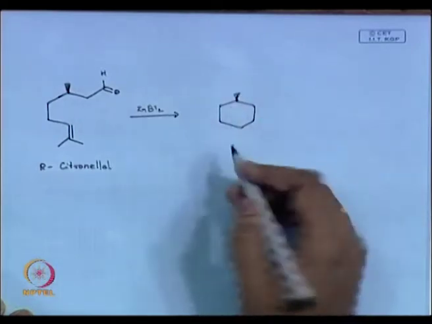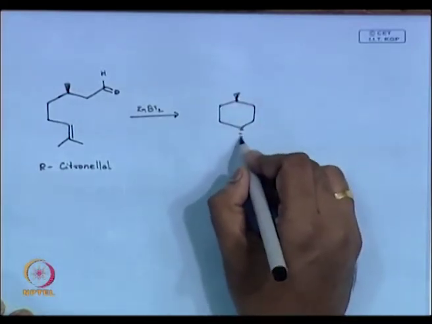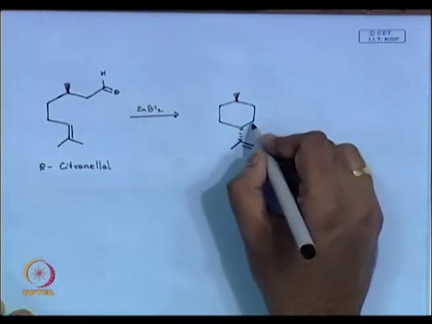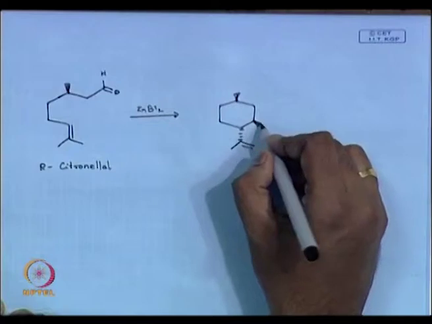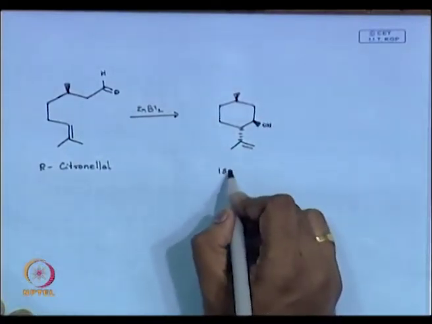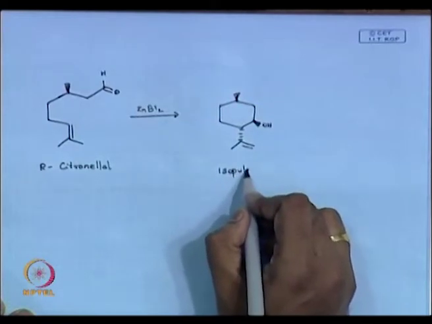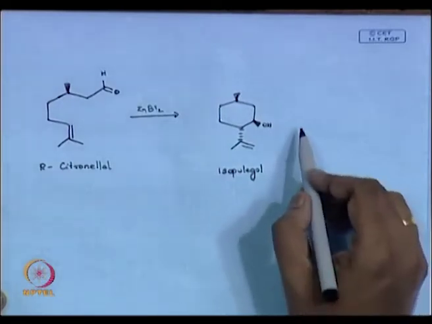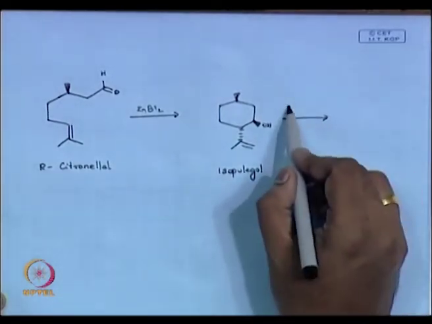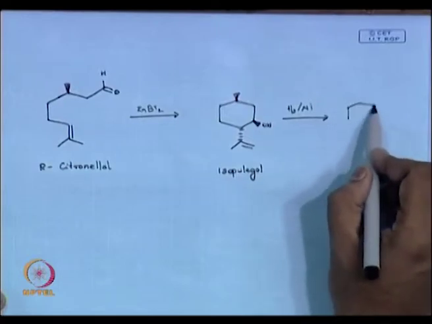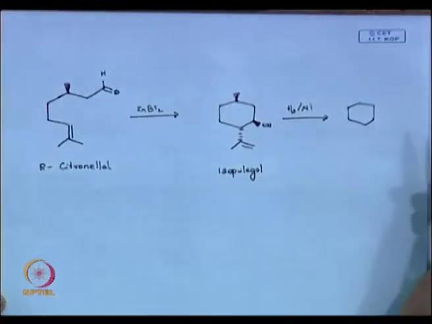What do you get? A very good synthetic utility method. You have studied this reaction, which gives you isopulegol, right? And this on reduction, what do you end up with if I reduce this?